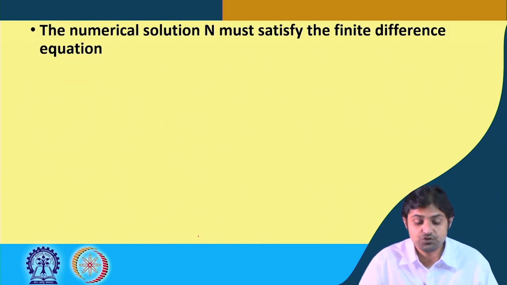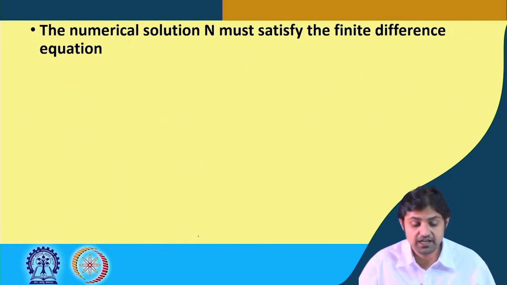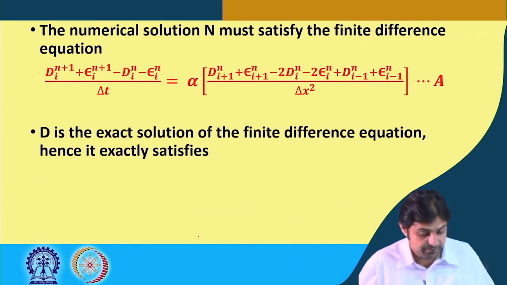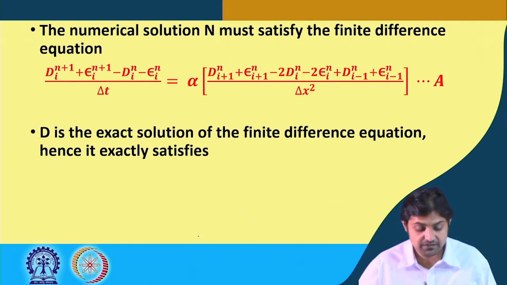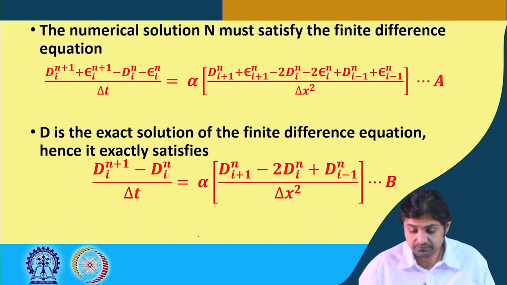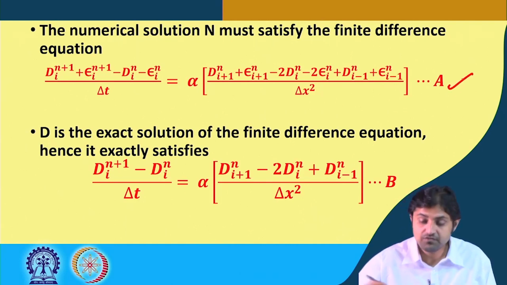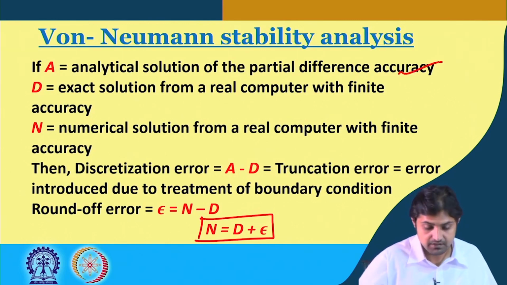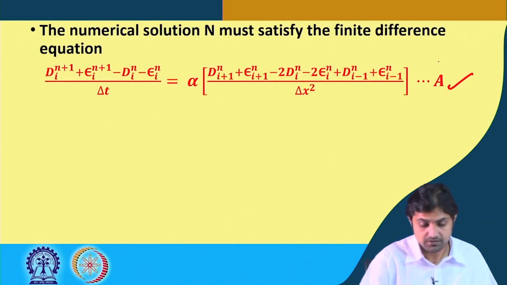So, the numerical solution N must satisfy the finite difference equation like this. And D is the exact solution of the finite difference equation, hence it exactly satisfies this one, A and B. A was the finite difference equation in the first page that we saw.